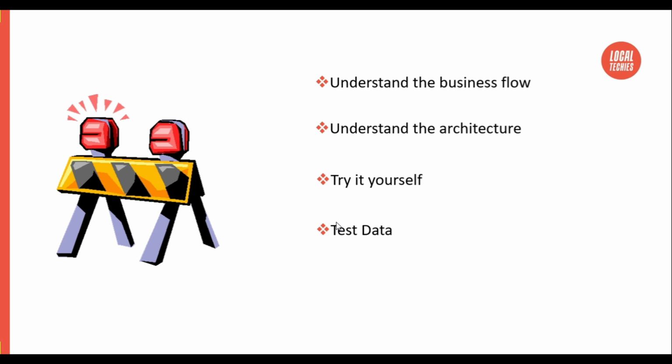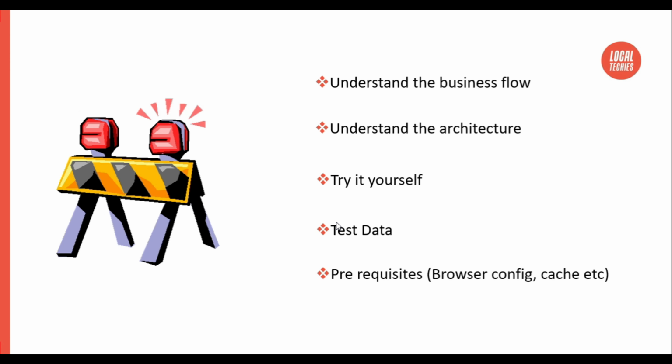Next, test data. Test data is highly crucial for any sort of testing. Sometimes you need to even keep in mind the data privacy issues that may occur when handling test data. So you must be prepared with the test data, which might sometimes require masking, etc. Next criteria is prerequisites.